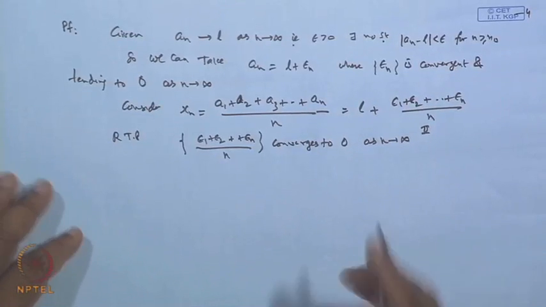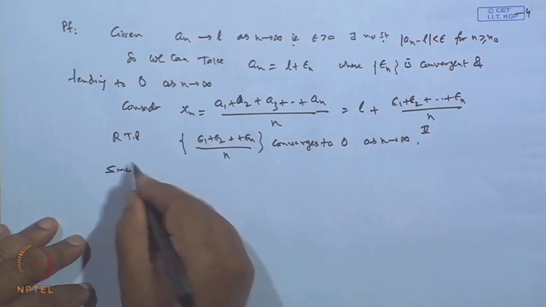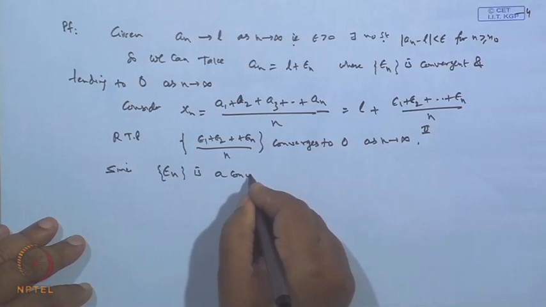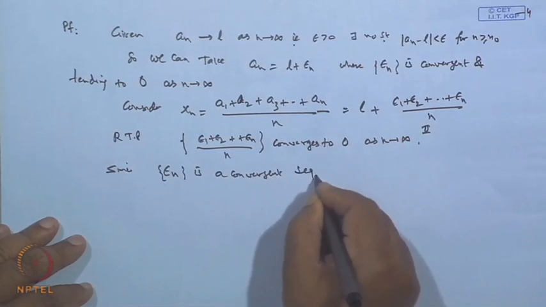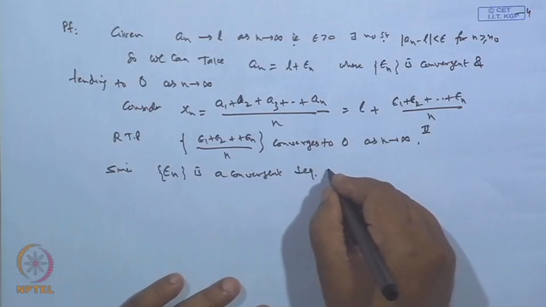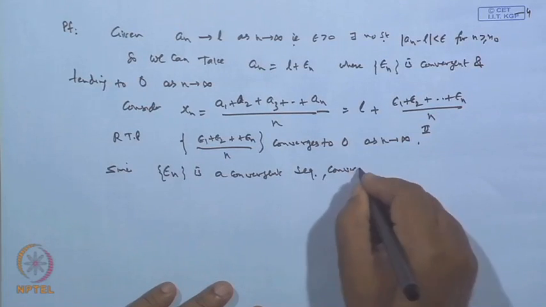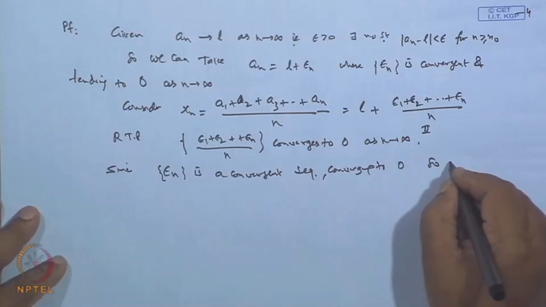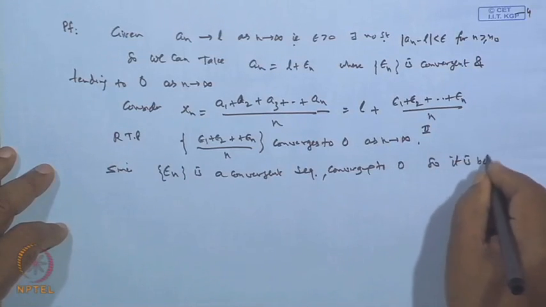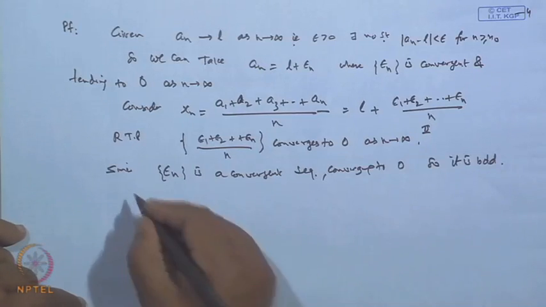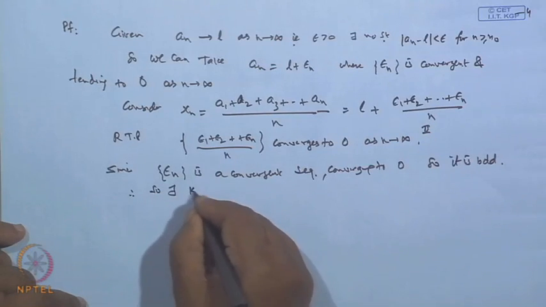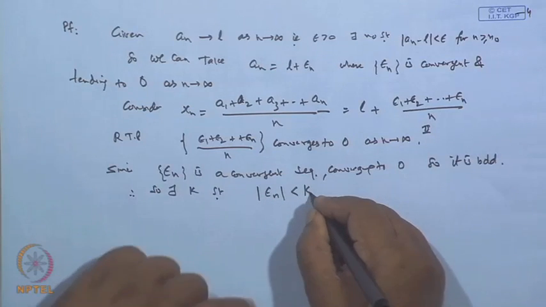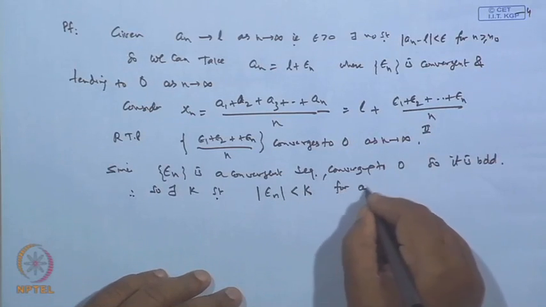Okay. Now, since epsilon_n is a convergent sequence, converging to 0, it is a bounded sequence, because every convergent sequence is bounded. So, there exists a k such that mod of epsilon_n is less than or equal to k for all n.